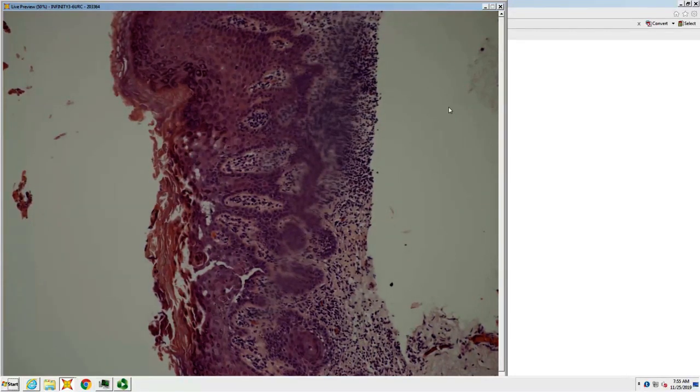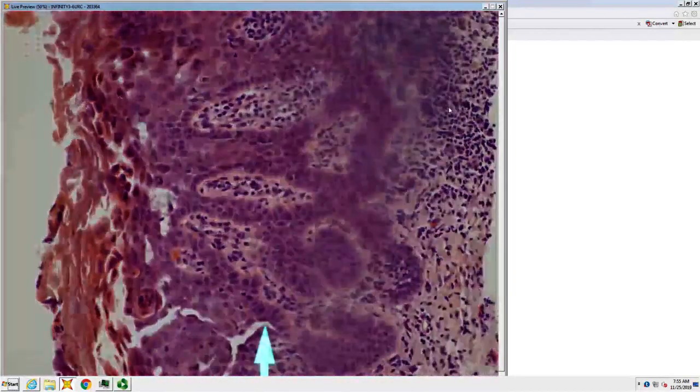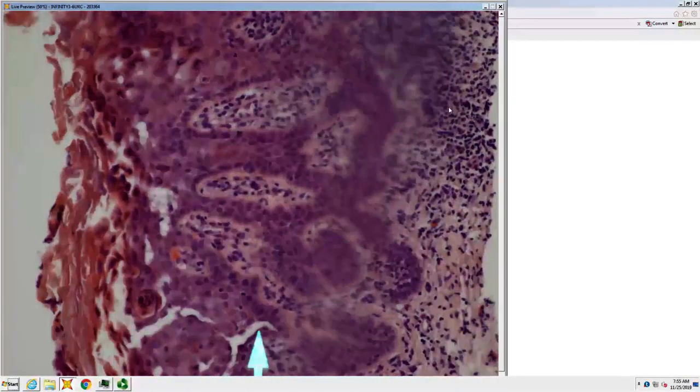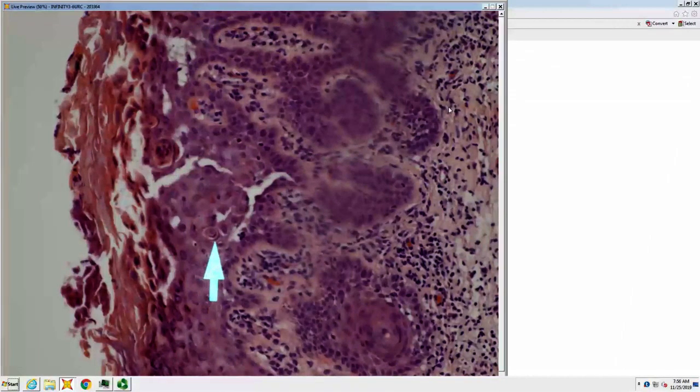Looks like a wart. So you have a little cleft, and you have these round bodies. Warty.